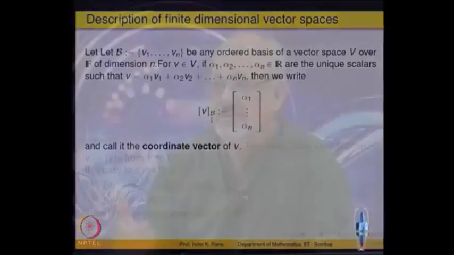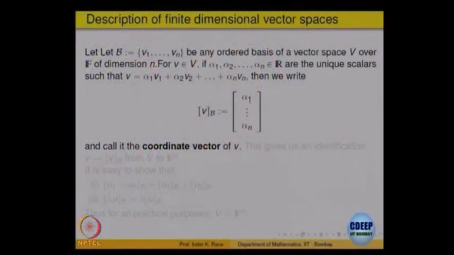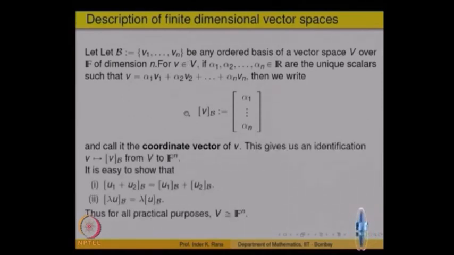So, computation becomes possible, and this association, that means for every vector V in the vector space, we are associating a vector in R n, if there are n elements in the basis, and this association is very nice, it preserves everything. That means, if I take two vectors and take the coordinate, that is the same as the coordinates of the individual ones added, and the coordinate of a scalar multiple is the scalar multiple of the coordinate.